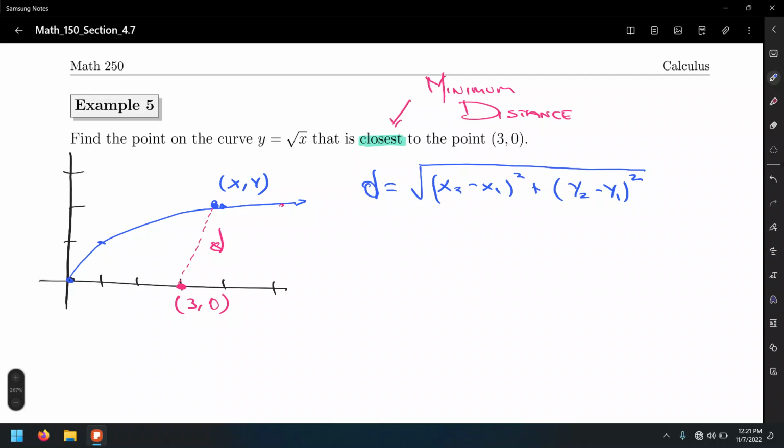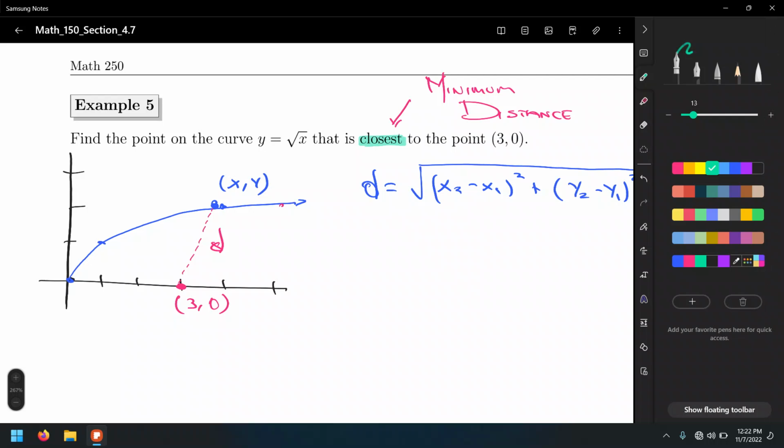Alright, so putting this into context, how about we label this P2 and this P1, because we need a reference, so we can do (x2 minus x1) squared plus (y2 minus y1) squared.